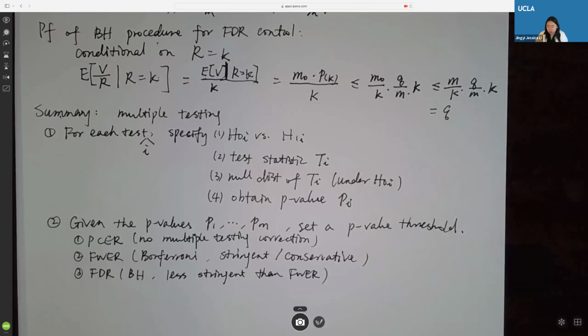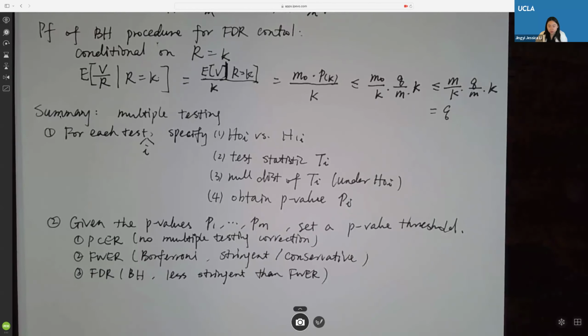Yeah, exactly. Because for PCER, you cannot say anything about how many false positives there could be. They could be very large, especially in DE analysis. If you have 10K genes, and we know the majority of them are true non-DE genes, if that's our belief, then at 5% p-value threshold, the PCER is controlled, but you can end up getting 500 false positives.